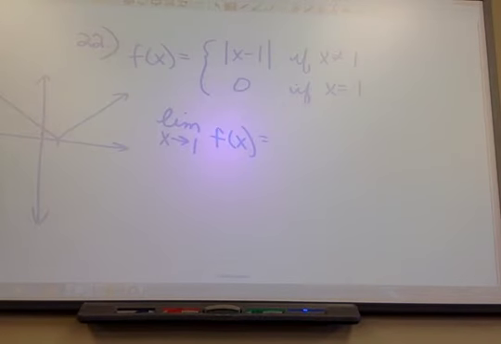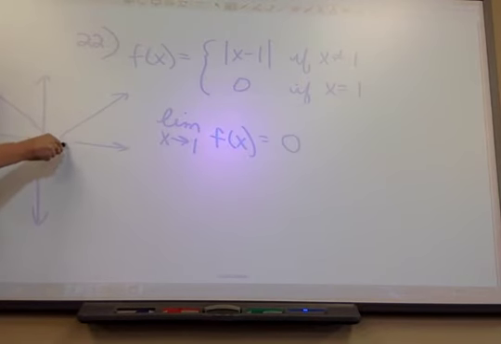Okay. Now they said that's good for every value except 1. But if x is 1, y is 0. So that closed dot would fill in the hole that was at the corner there, wouldn't it? Okay. What do you tell me if I get closer and closer to 1 from both sides? Does it go to the same place? 0. Yes. It goes to 0, doesn't it?